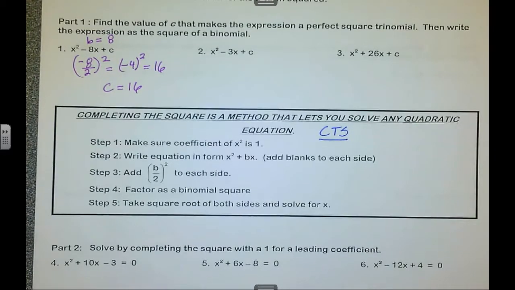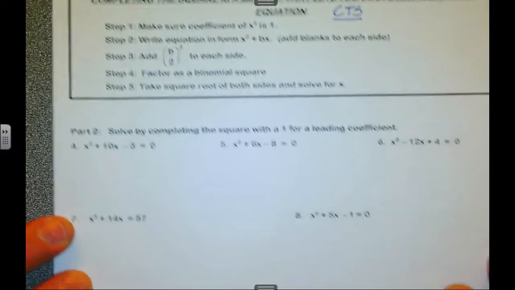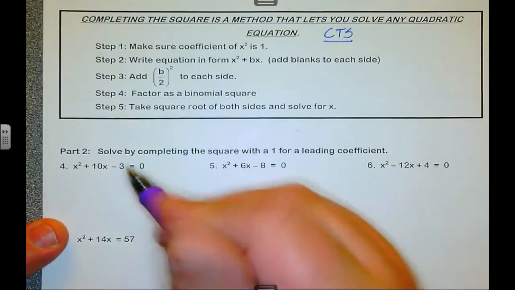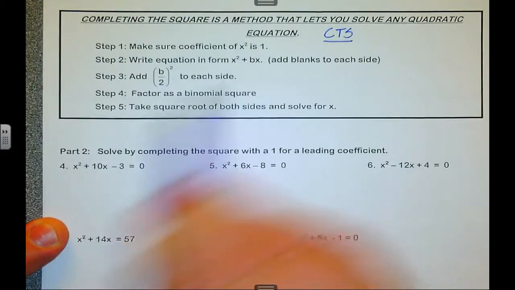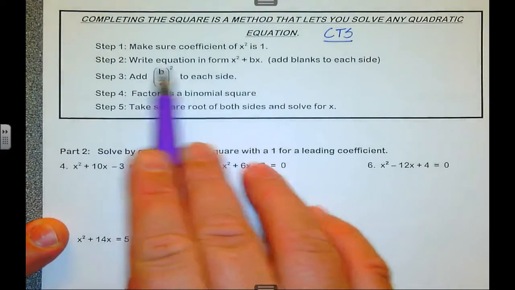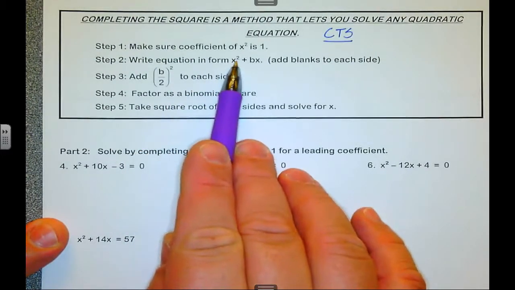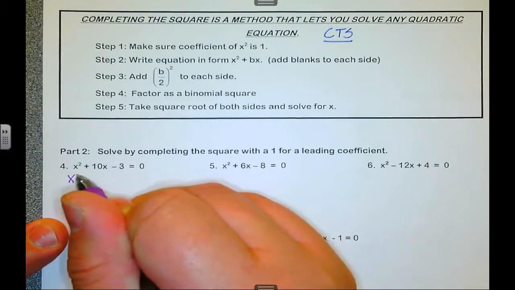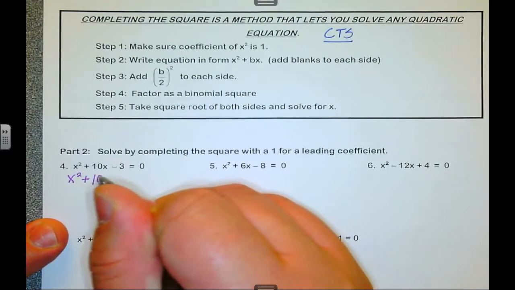Okay, so let's solve a quadratic equation by CTS. First of all, my coefficient of x squared is 1, so I can do this. Then we're going to write the equation with x squared plus bx. So I need my x squared plus bx.